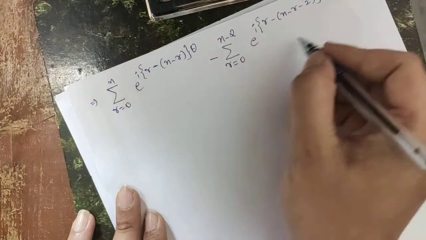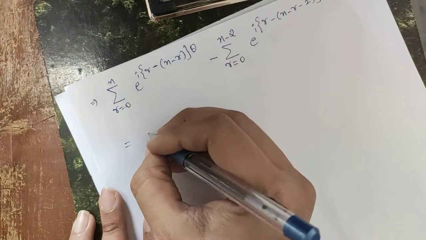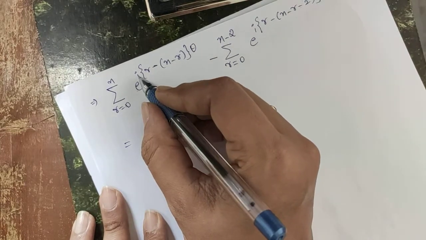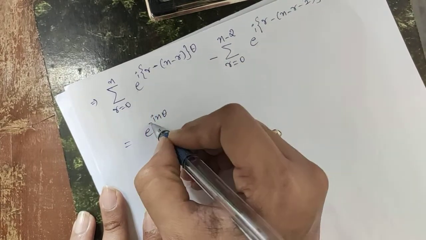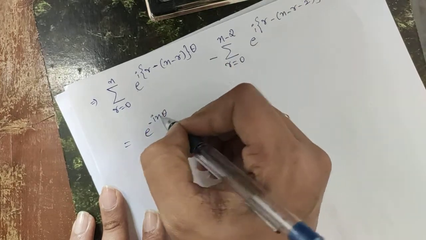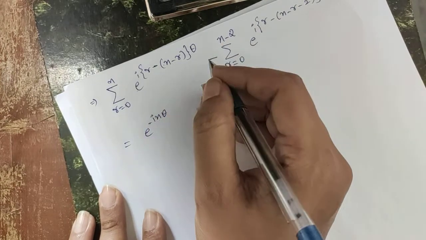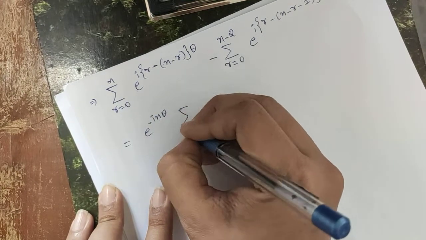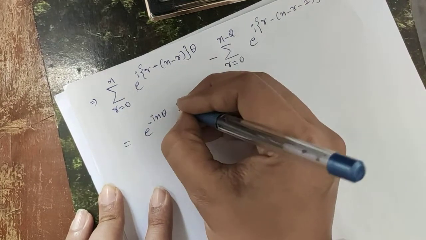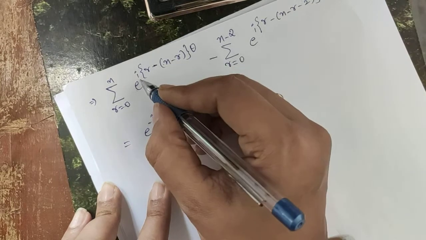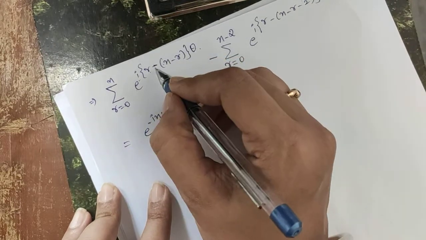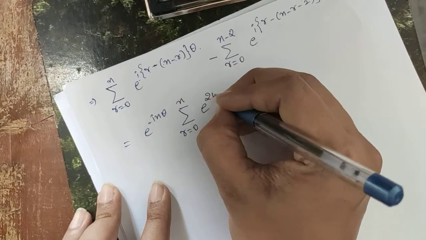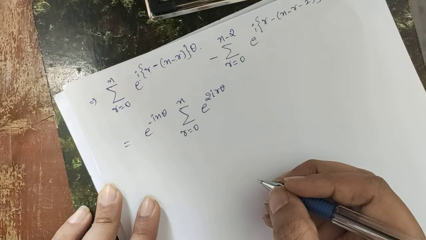So if you simplify this, you will get e power minus i n theta. Since I have no r here, I am taking this part outside my summation, into summation r is equal to 0 to n, e power i r theta plus i r theta gives you 2 i r theta.